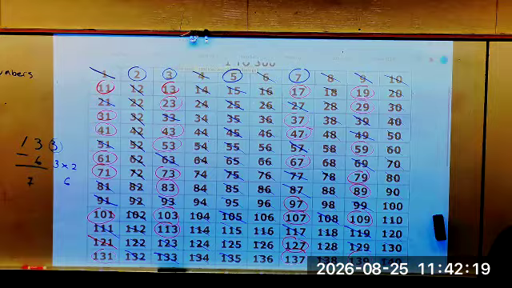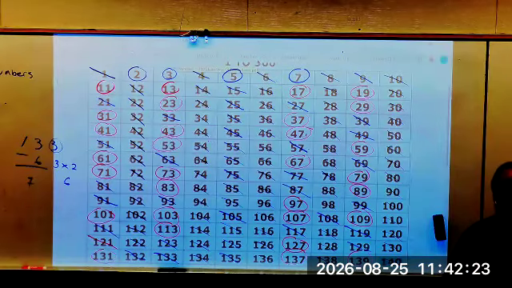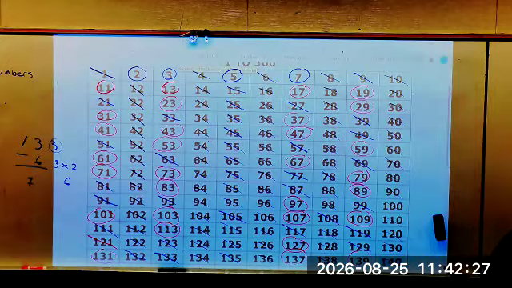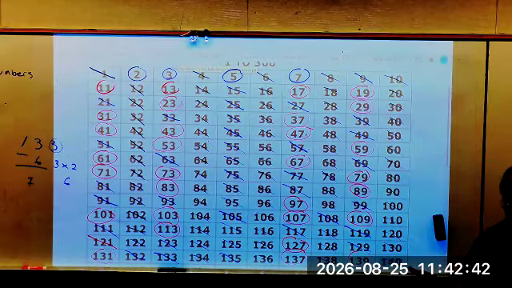What number do we start with? 2. And it was prime. So that satisfies the first part of the fundamental theorem. So we crossed off all the numbers that were products of 2, and we were left with only the number 2. Then we went to the next number that was prime, 3.